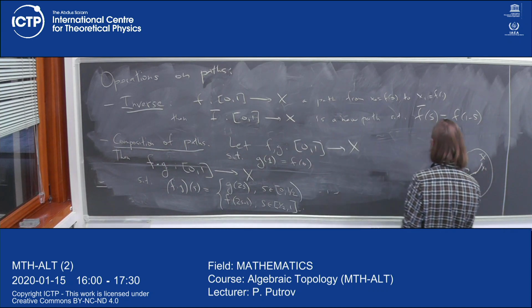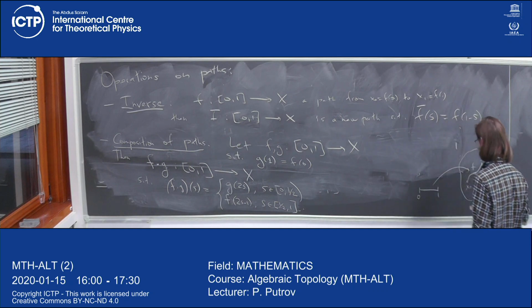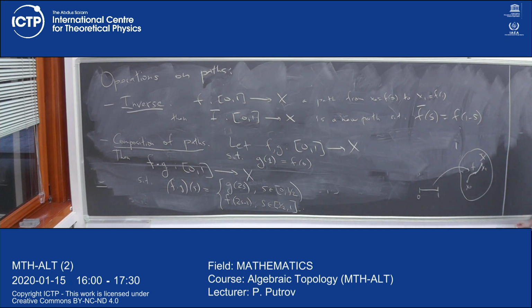For example, the first operation: if you have a path f, the original path f looks like that, then the inverse path is essentially the same path, but you go in the opposite direction, because it's just given by the following definition of the argument.